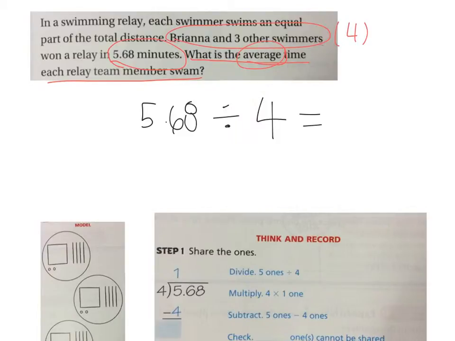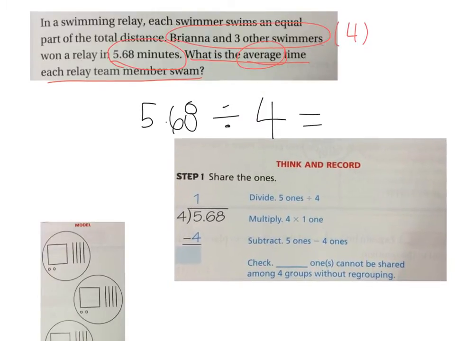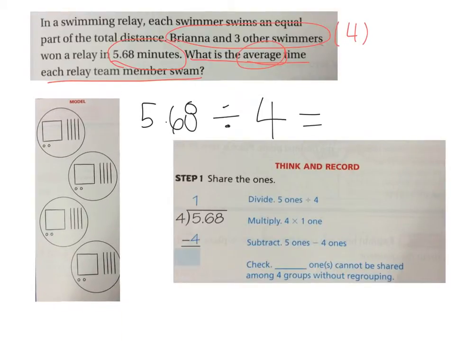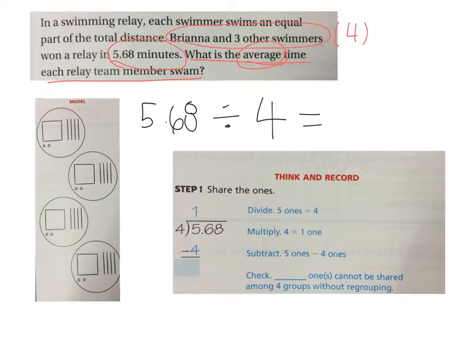Okay, so today we're going to use what we know about place value to solve, okay? When we learned how to use a model, we could draw a quick picture and divide the 5.68 equally amongst the 4 groups, right? Today, let's use place values, okay? So we're going to start with the ones place.